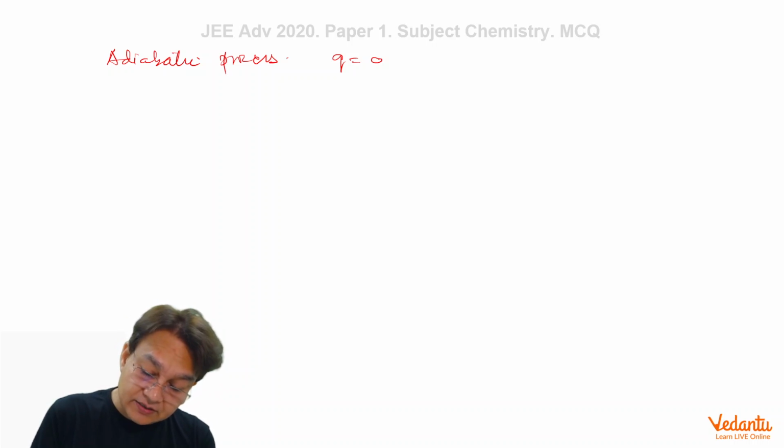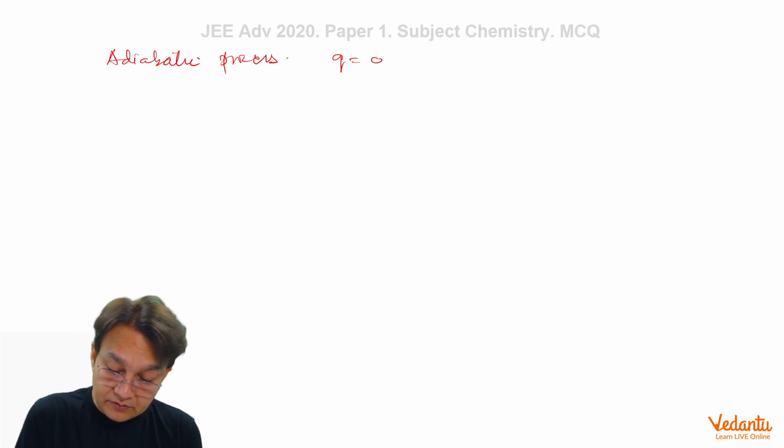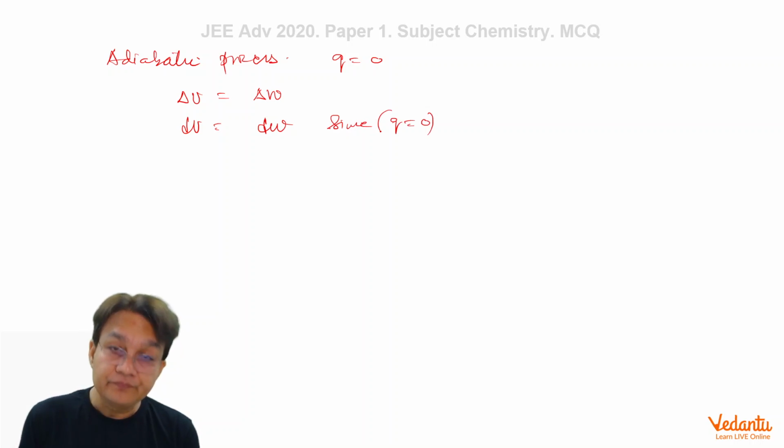So in the case of a real gas, dU is equal to dW, since Q is equal to 0.